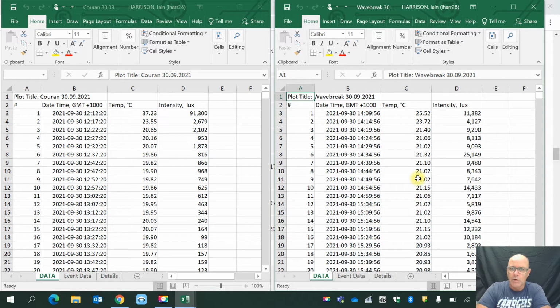Now, I would also like to look at the light intensity. You can see the light intensity here is quite high at 11,382 lux. Now, let's have a look at how it changes. Wavebreak Island traditionally has a fair bit of light penetrating the water. It seems to be low turbidity. If we look down here, can you see there's a bit of a spike here at 25,000 lux?